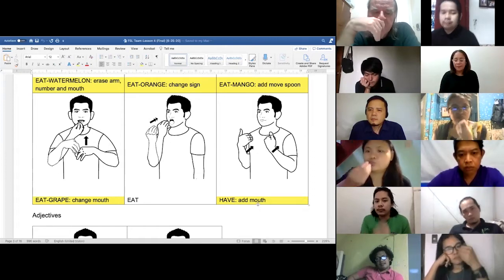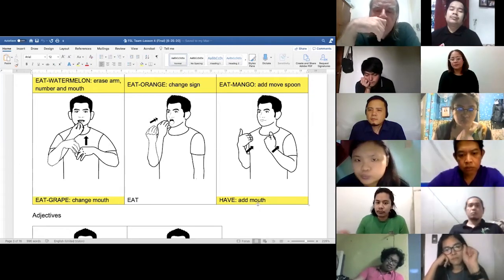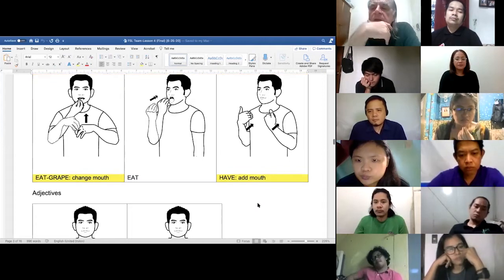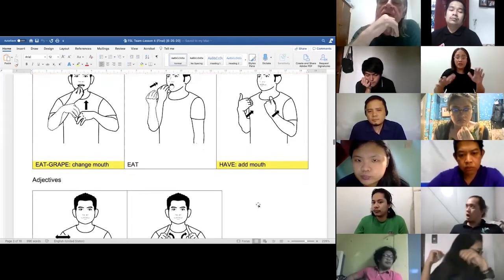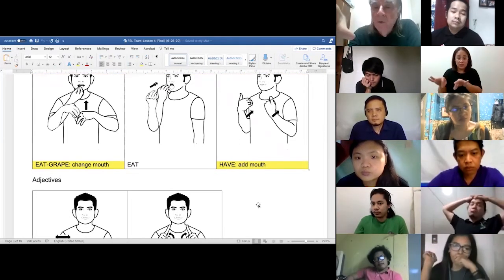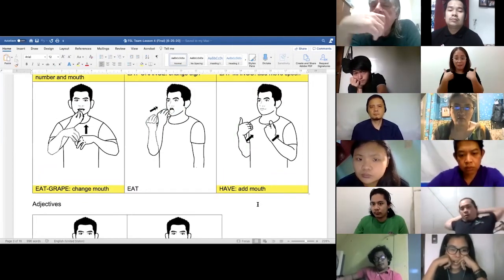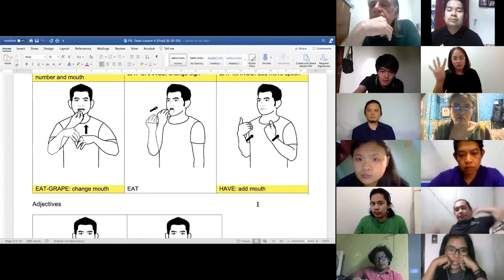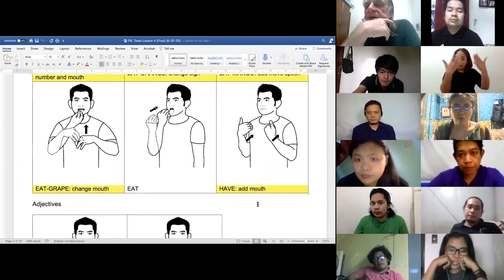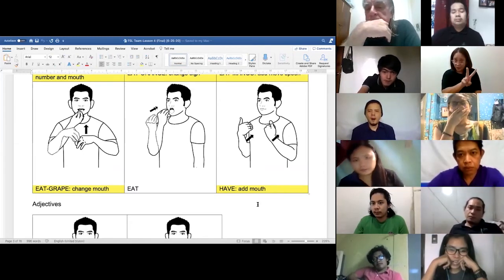Okay, all right. Now, you've already introduced "have" in Ho Chi Minh City Sign Language, we didn't introduce it until lesson 4, but you already introduced it in lesson 2. So you don't need to have the "have" sign again.